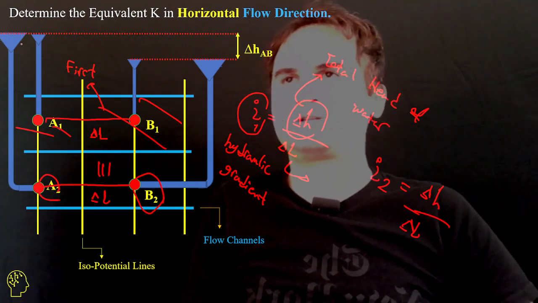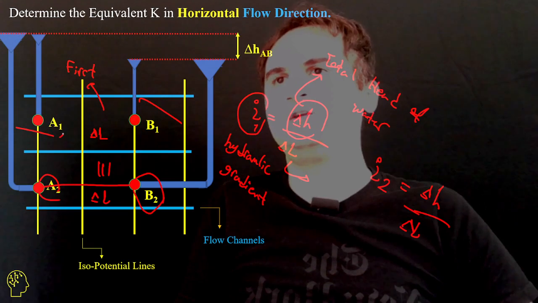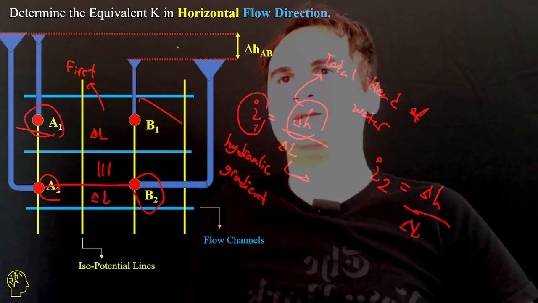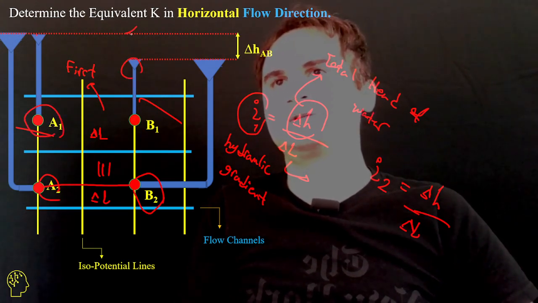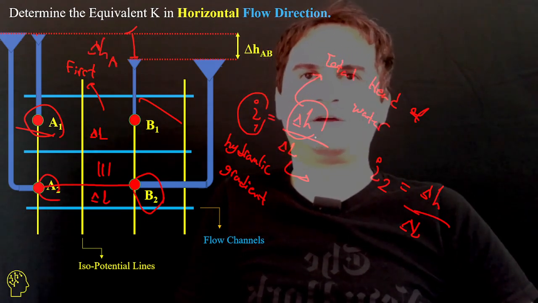And if you want to see the drop from A1 to B1, this is A1 and this is B1, so this is delta HAB.